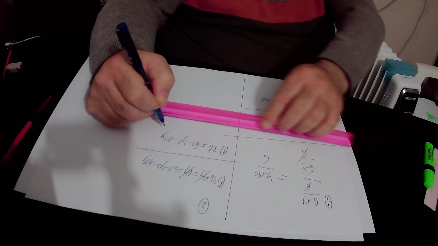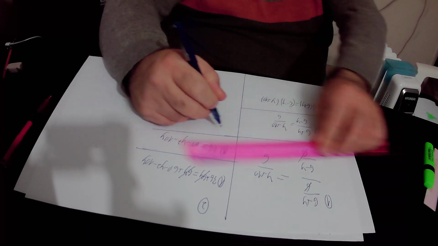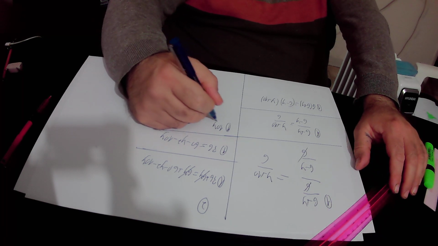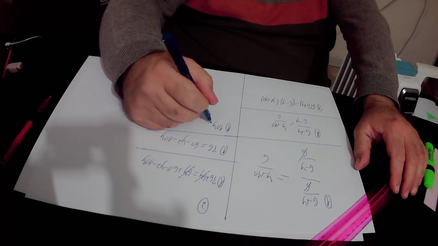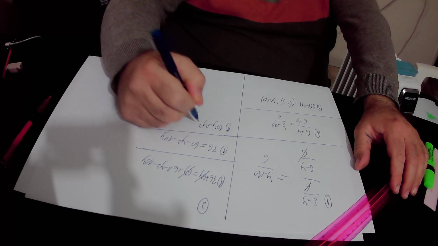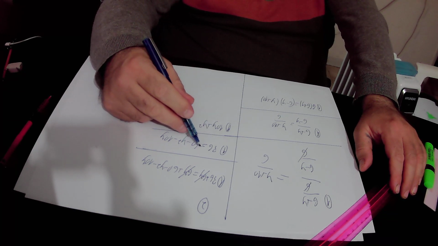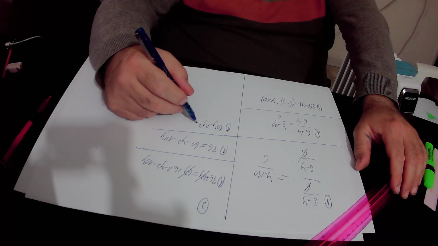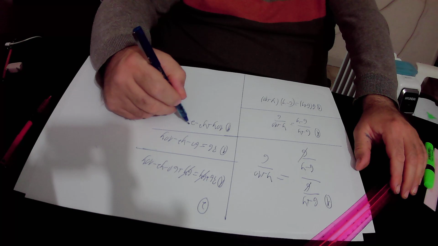Here we'll add y squared and 10y to this equation, and we subtract 60, and we get that 36 minus 60 is minus 24.